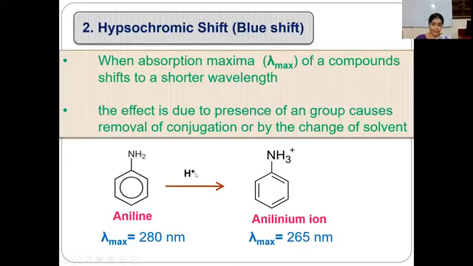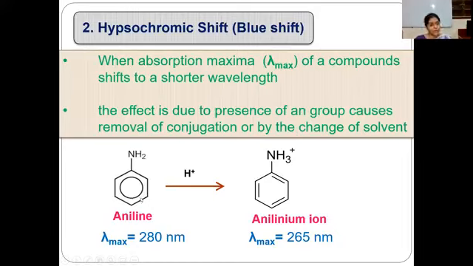In acid medium, H plus ion can form a bond with the lone pair of electrons and convert it into anilinium ion. Now the lone pair of electrons on the nitrogen atom does not remain free for involvement in conjugation in the benzene ring. So there is a decrease in conjugation or removal of conjugation from aniline to anilinium ion.